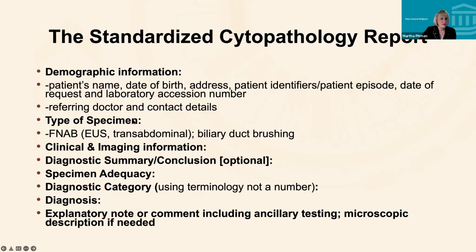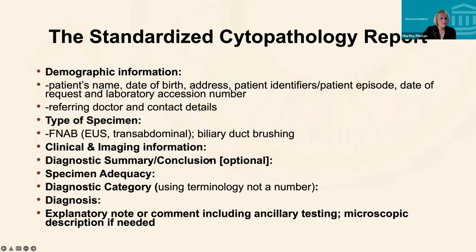The type of specimen obviously is important. Is it an FNA or a bile duct brushing? Is it by EUS or transabdominal? That's important information to know, especially for an FNA of the pancreas, so you can understand what contaminating epithelium may be present. We want to know the imaging features. Is it a solid mass or a cyst? That can divide our differential diagnosis from the beginning.